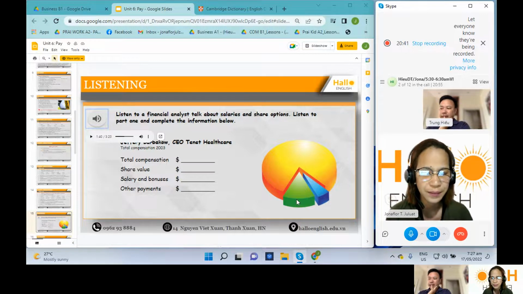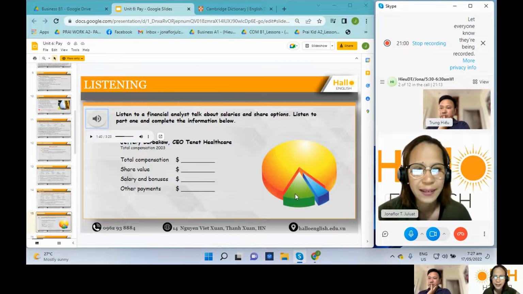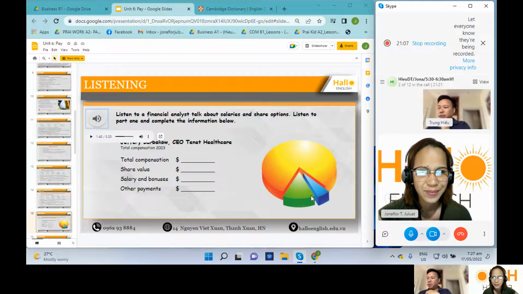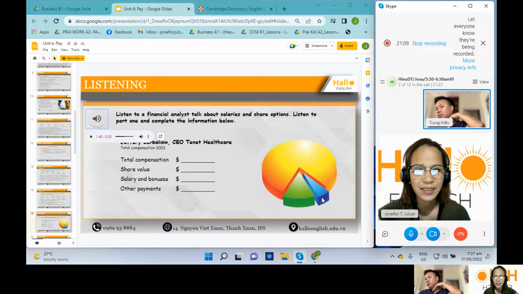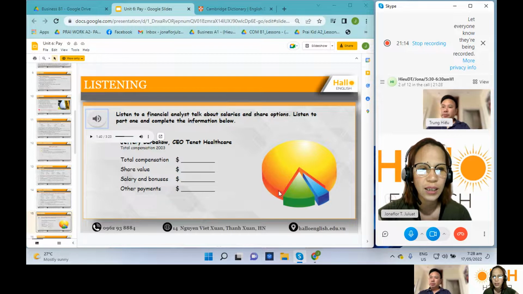How about this green part? Is it the salary and bonuses? How about the share value? The share value is 111 million, right? Salary and bonuses is only 5 million. Yes, so I think this is the total compensation.